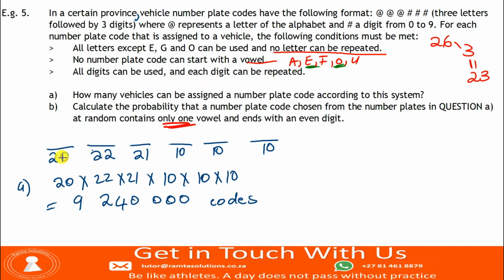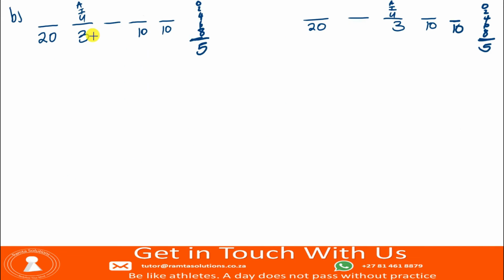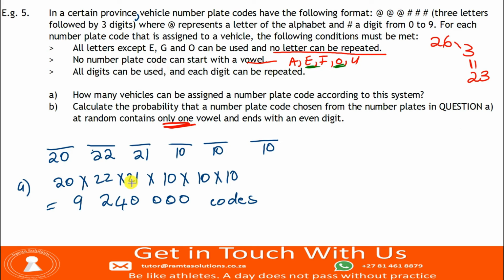Because the first place didn't include the vowels, it was 20, and that reduced your letters to 23 for the second letter. Now, for this 23, they include 3 vowels. If you take one of them, this 22 can only take one, so that would reduce your numbers to 21 like we had here.